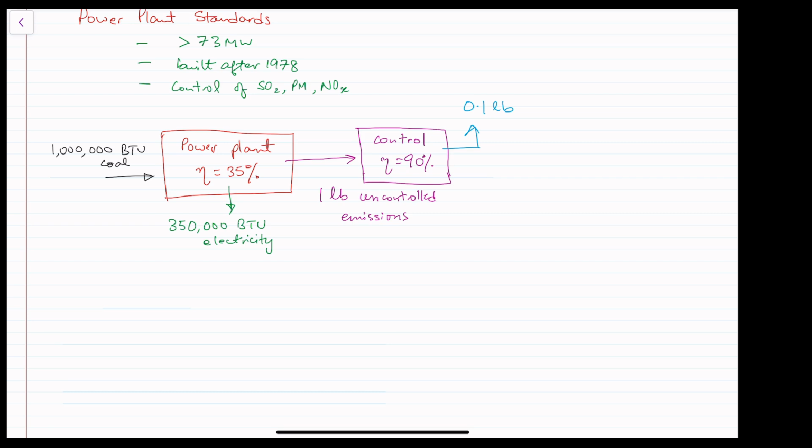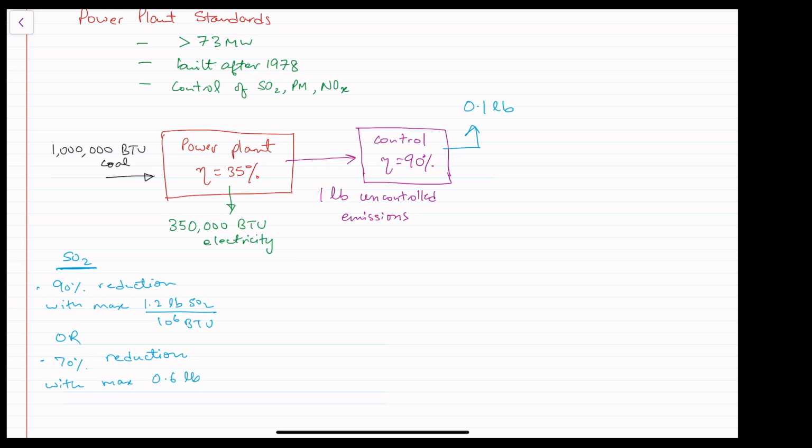Okay, now let's look at some of these different recommendations for sulfur dioxide. It says 90% reduction with a maximum of 1.2 pounds SO2 per million BTUs of heat input, that's energy in coal, or you have 70% reduction with a maximum of 0.6 pounds of SO2.